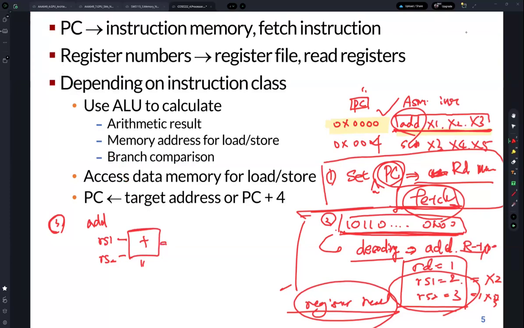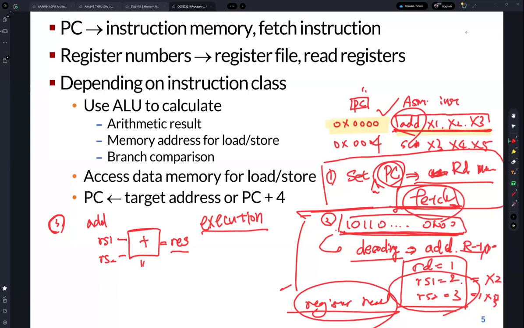So this is the result. This operation is called the execution. So I explained about instruction fetch, decoding, and execution.